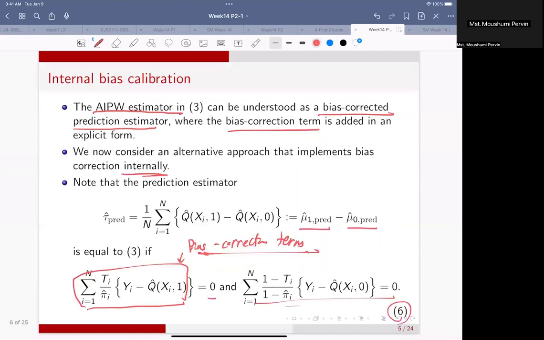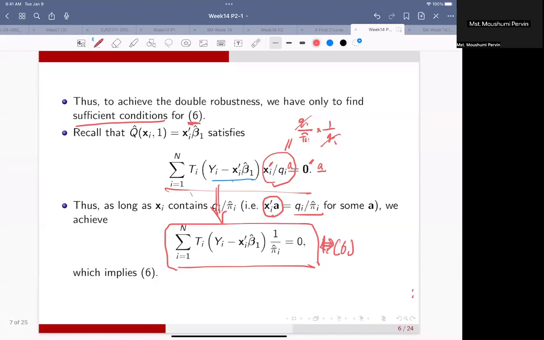Because 6 is this one. So basically you have a residual, and pi divided by pi i hat is equal to 1. So that's basically this one. You have a residual here, and then pi divided by pi i hat is equal to 0. Okay.